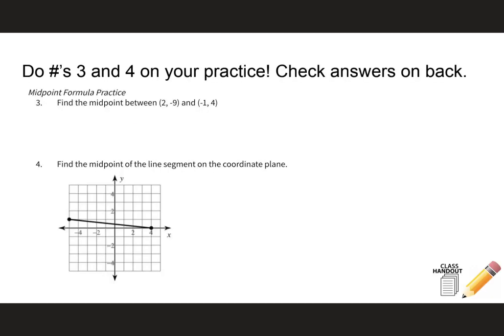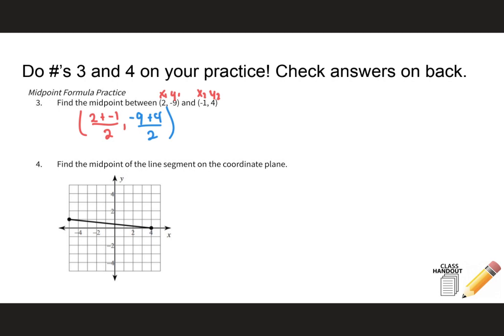Okay, so let's look at a couple practice problems. So again, doesn't matter how you label, but let's just call the first point x1, y1, and then we have x2, y2. So for midpoint, we're going to add our x values, 2 plus -1, divided by 2, and we're going to add the y values, -9 plus 4 divided by 2.